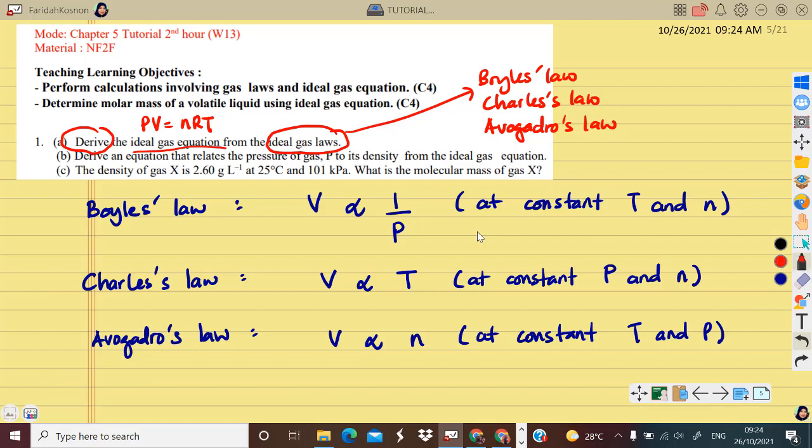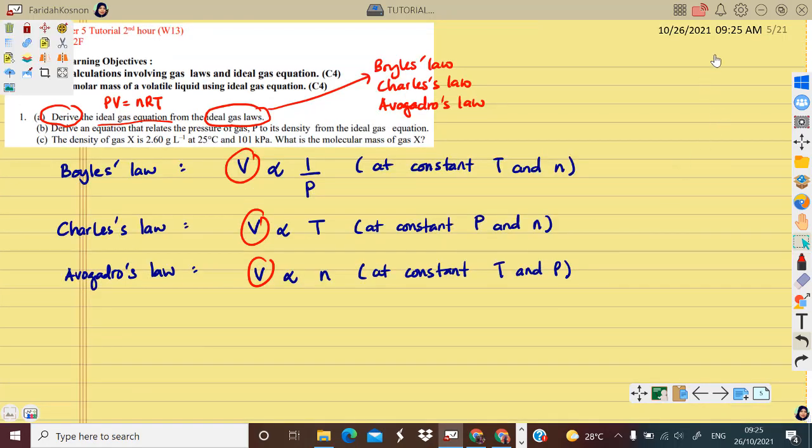Jadi kalau you nampak kat sini, dia punya perkara rumus kat depan ini adalah volume. Jadi sekarang kita kaitkan, kita gabungkan ketiga-tiga law ini sekali. So when you combine, you akan dapat apa? Volume of gas ataupun volume occupied by the gas is directly proportional to mole and absolute temperature.